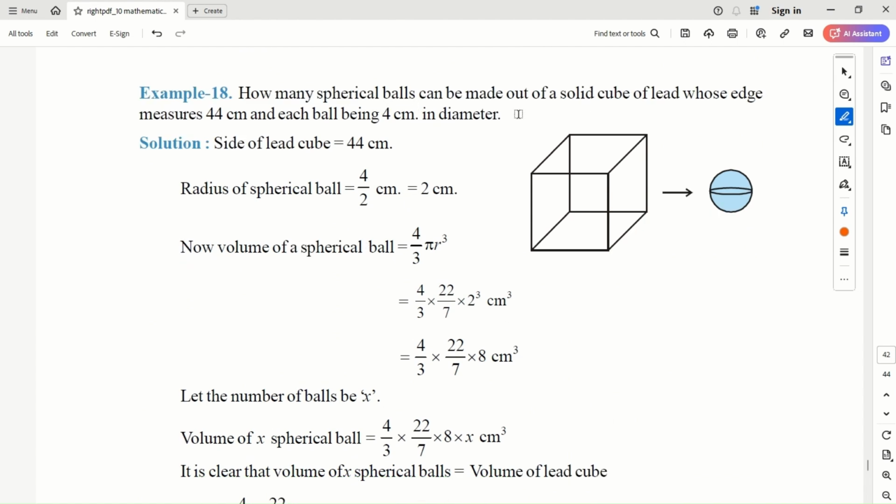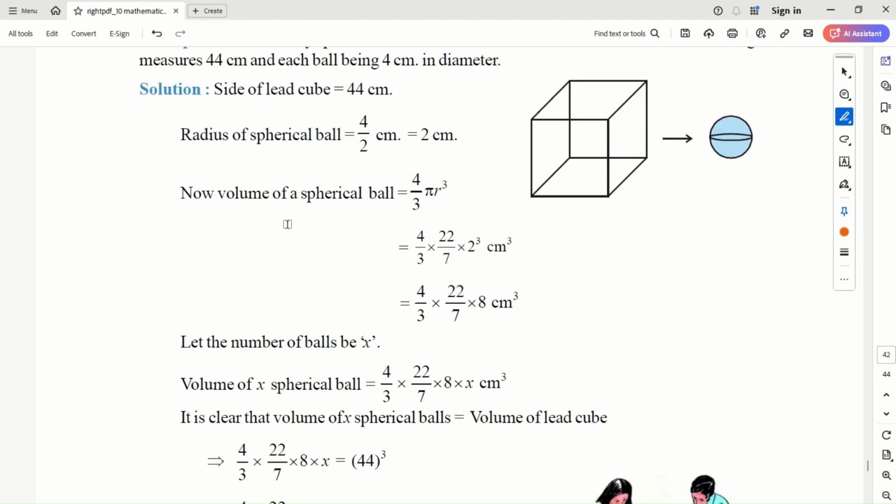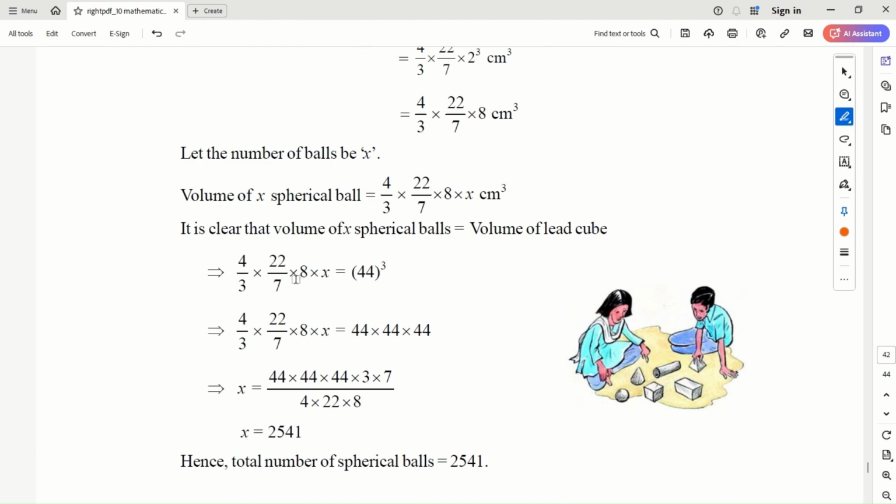How many spherical balls can be made out of a solid cube of lead whose edge measures 44 centimeters, each ball being 4 centimeters in diameter? First, calculate the cube volume. This is the cube volume, which is equal to x number of spherical balls.